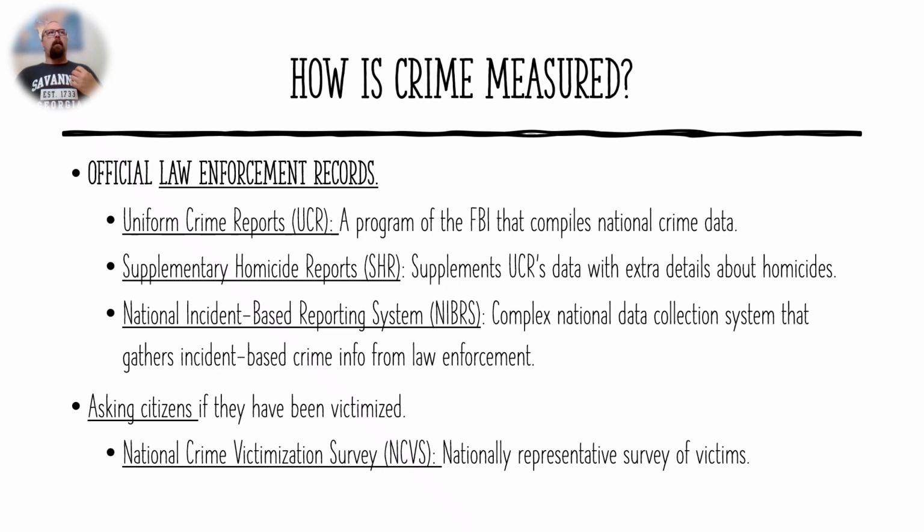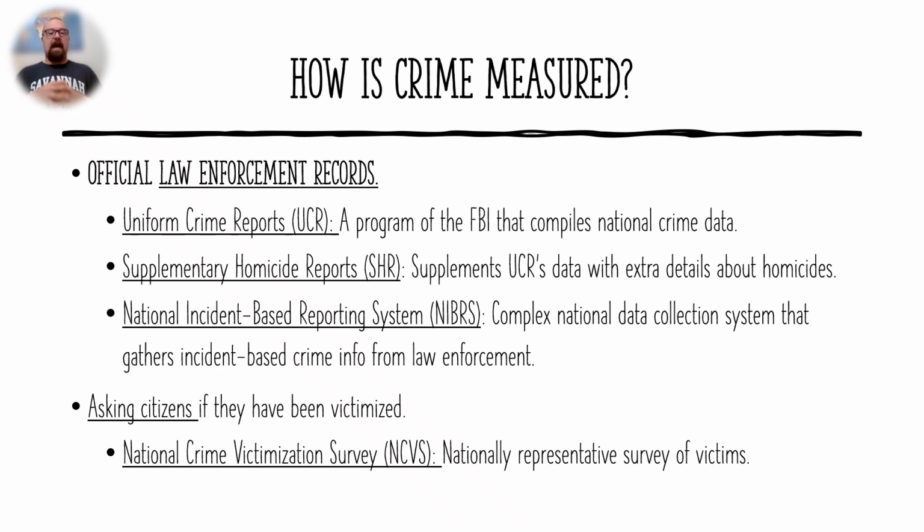So the hierarchy rule basically says that only the most serious crime committed during a criminal offense is reported. So if you had a robbery and someone was murdered during that robbery, the murder would be reported in the UCR, not the robbery, because the murder is the more serious offense.